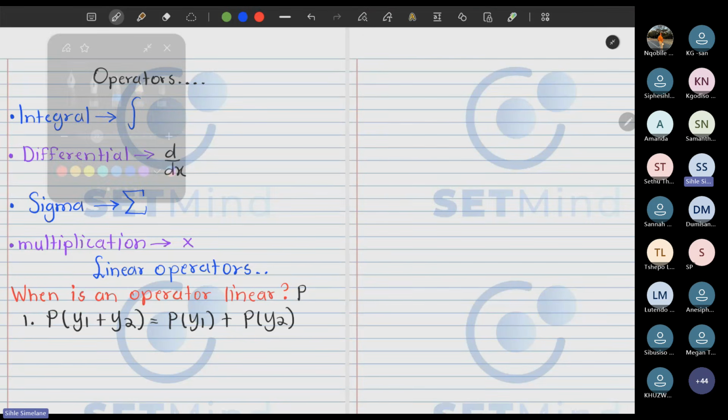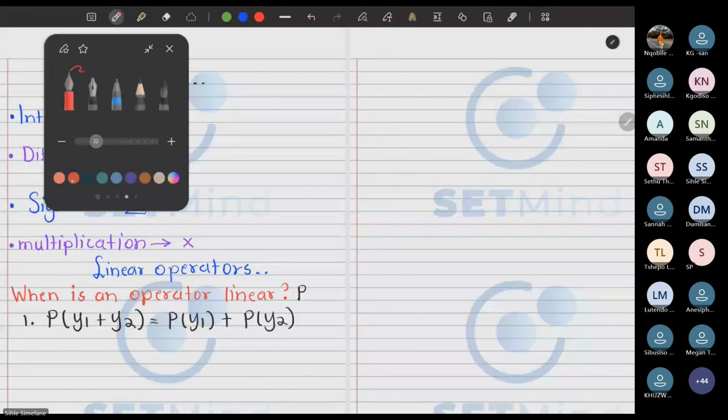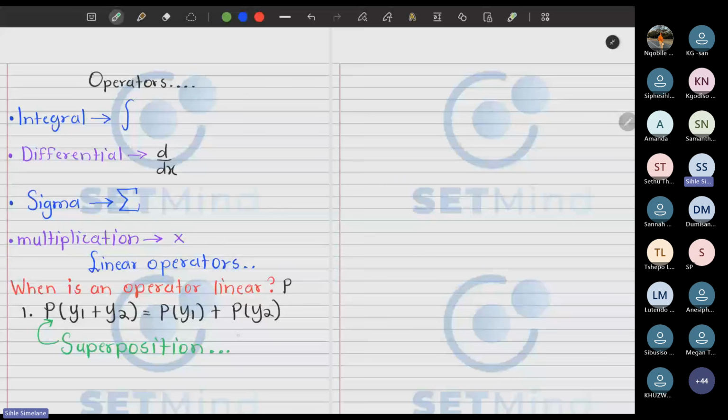Okay, this here, they call it superposition. I think we have done it in AP physics. So an operator must satisfy the superposition, let's call it rule. Okay.